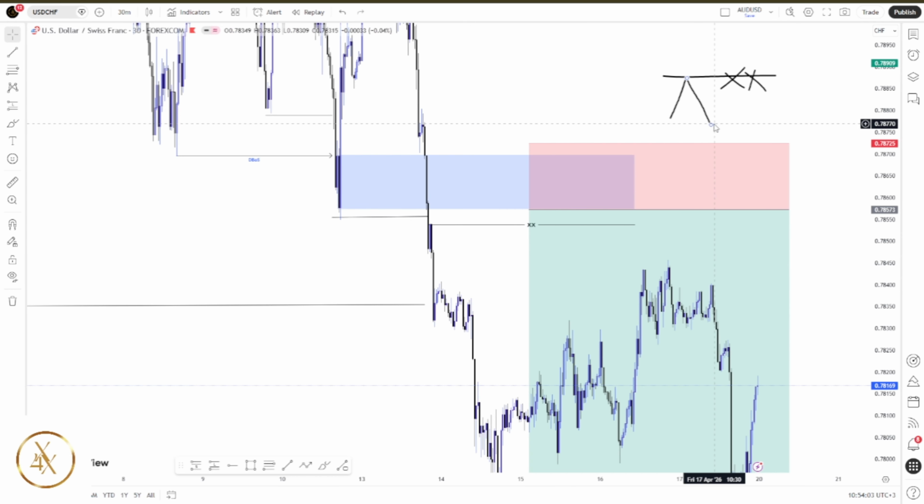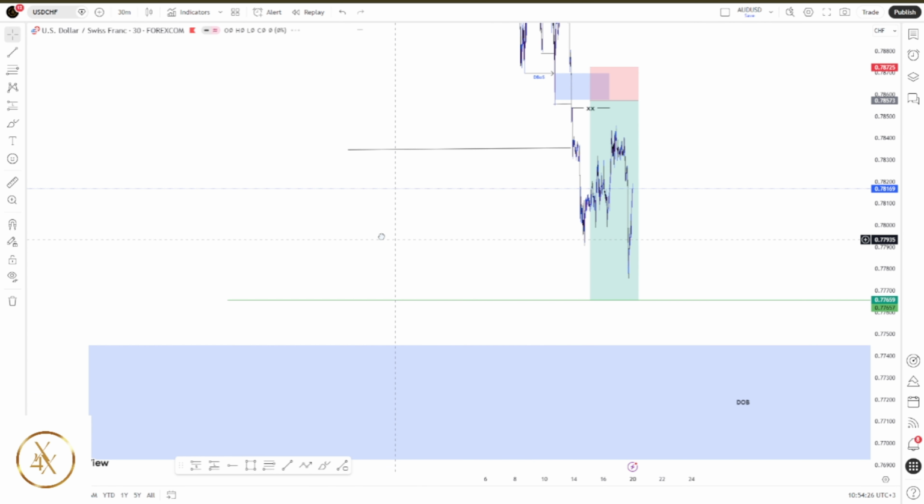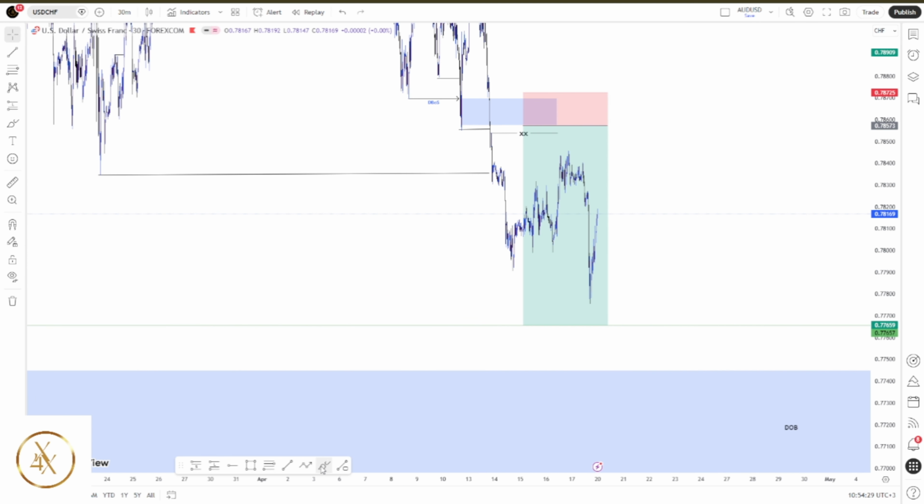That is my setup for USDCHF. And maybe the other thing I'm looking for is to take out these levels here, these lows here. Once I get that trigger, because price closed here, I'm expecting these lows to be taken out here.